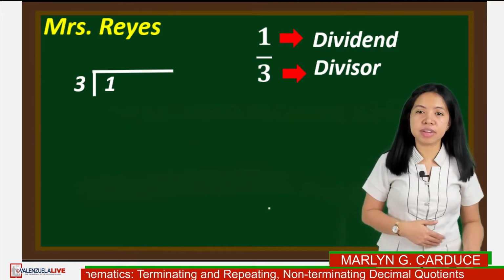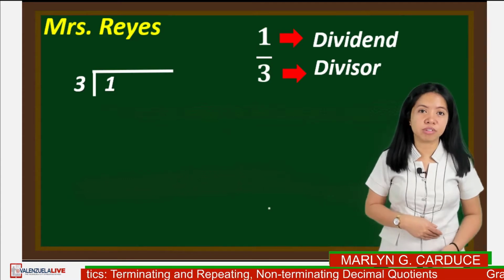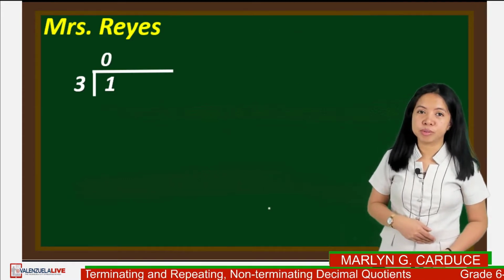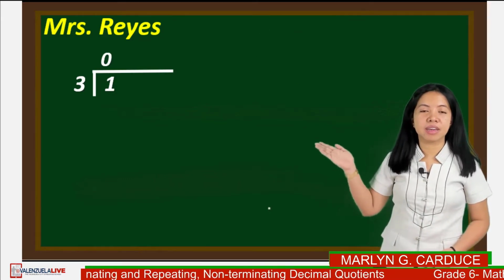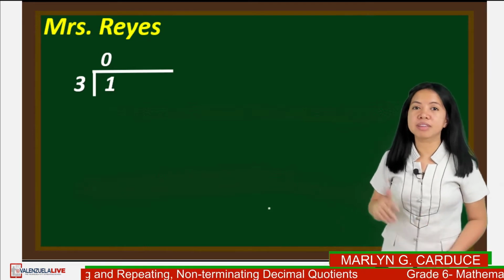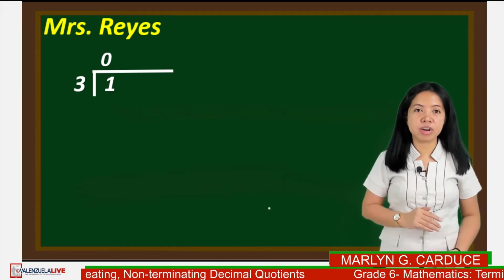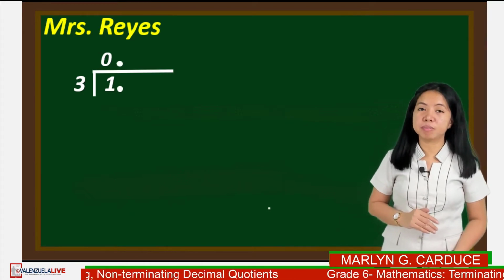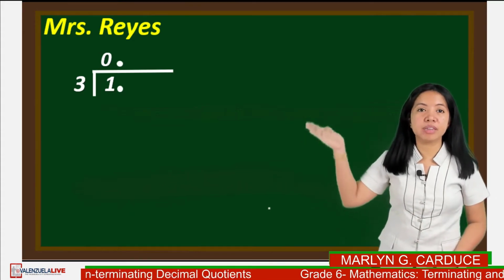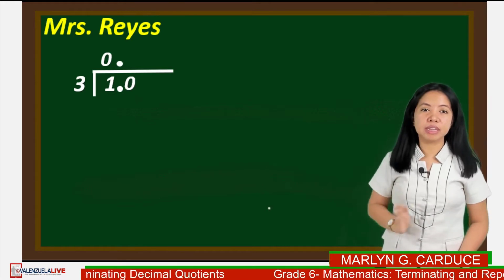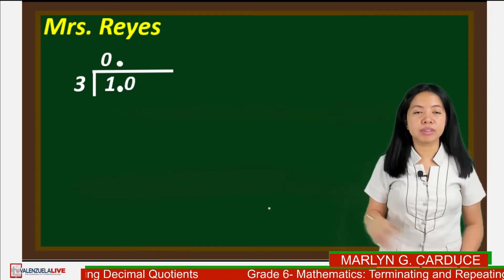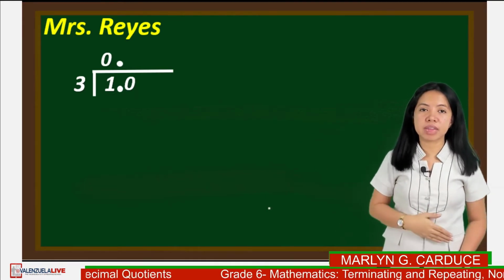And then let's divide the given numbers using long division. So 1 divided by 3 is 0. Since the dividend is smaller than the divisor, we will put a decimal point after 1 and then write it above, and then write another 0. So we can now assume that the dividend is 10.